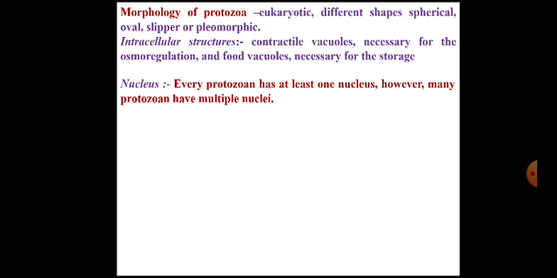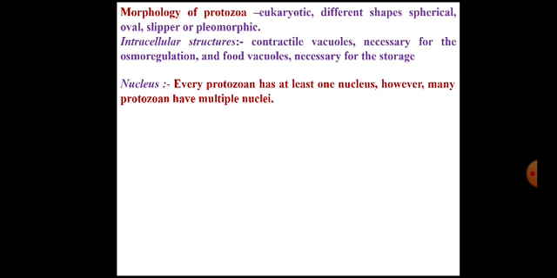The nucleus. A unique characteristic of protozoa is that they may have more than one nucleus. So many of the protozoa have one nucleus only, but a few of them have some extra chromosomal DNA. That is, they have multiple nuclei, from 2 to 8.